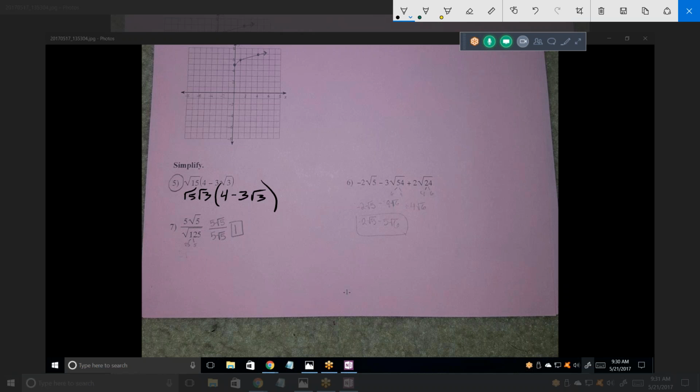And now if I distribute it, up here I get 4 root 5 root 3 minus, and I've got this 3 there, but I got a root 3 and a root 3 that'll turn into another 3. So it'll be 9 root 5.